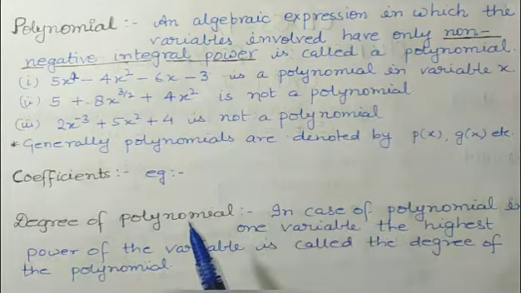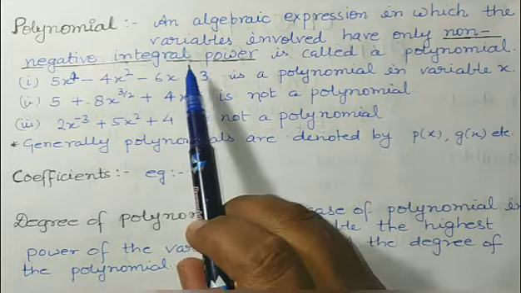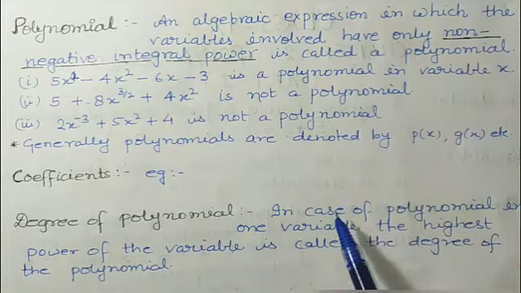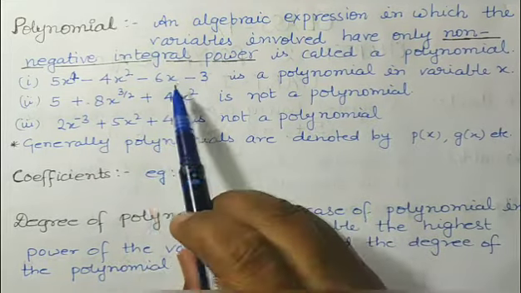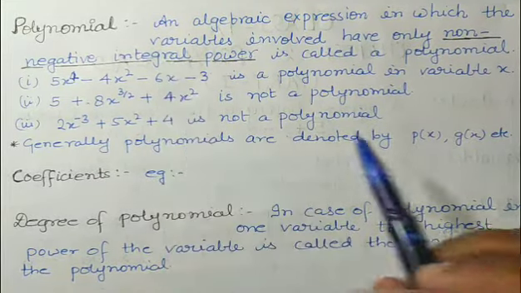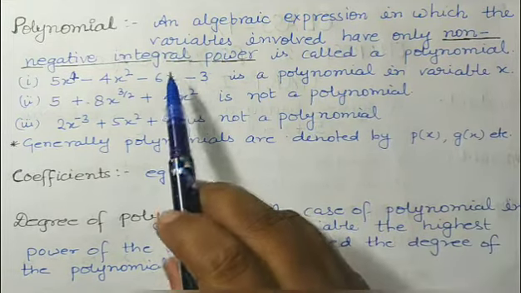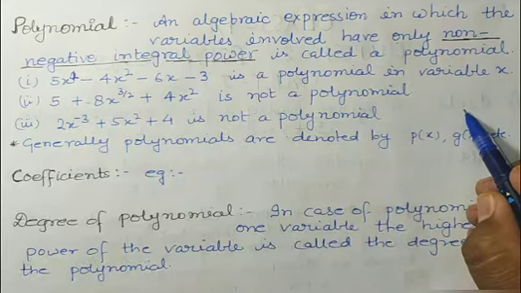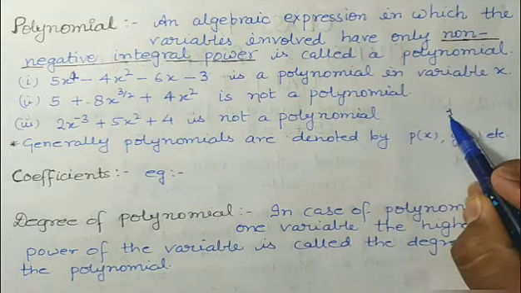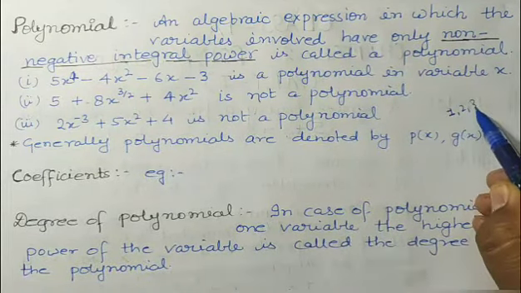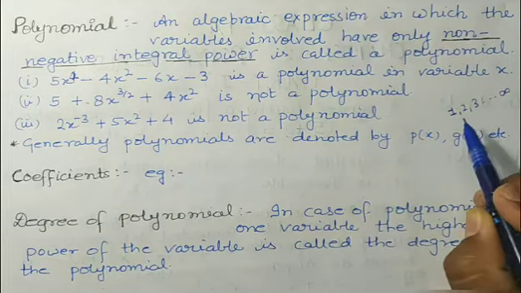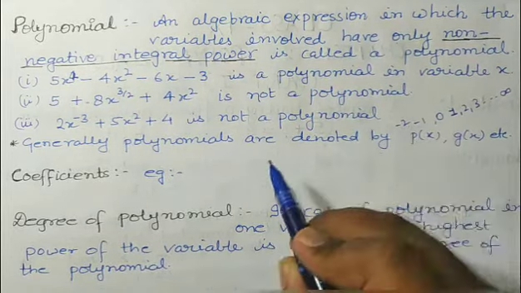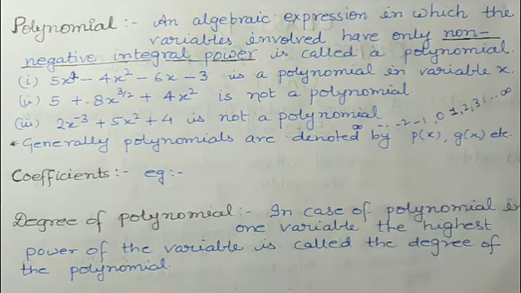Let us understand what it is. Non-negative integral power. Firstly, integral means what? Integral is the word which is related to integer. Integers are like 1, 2, 3 and so on till infinity, 0, -1, -2 and so on till infinity.